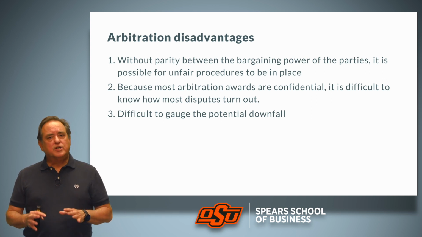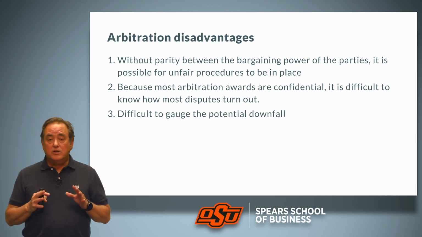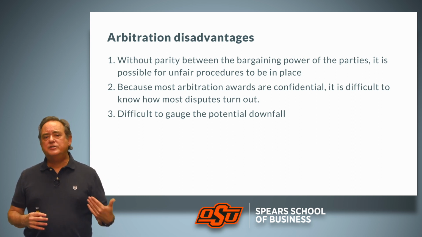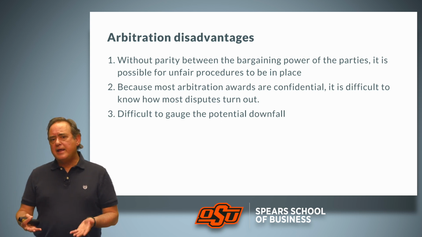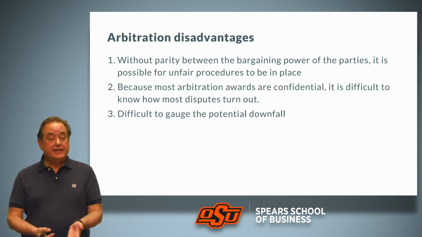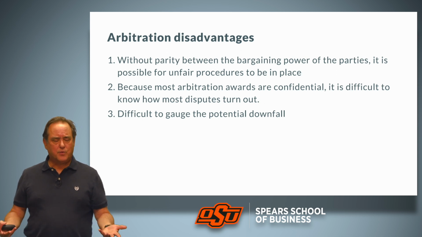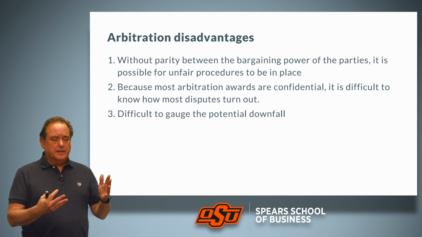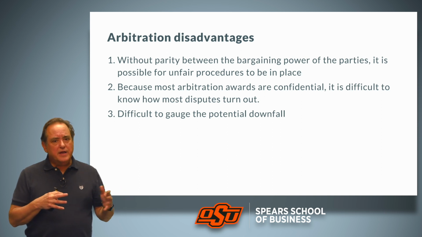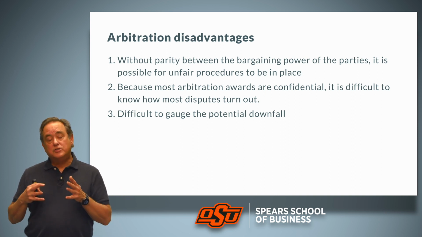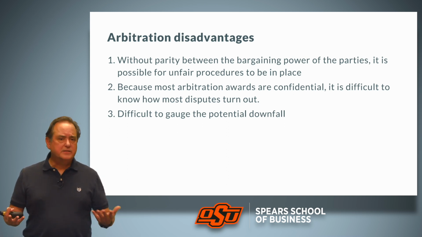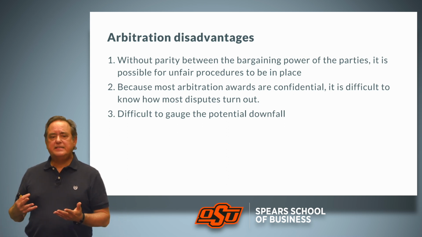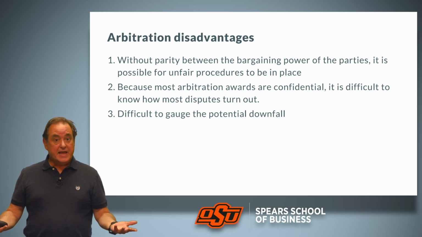Because most arbitration awards are confidential, it's also difficult to determine how your particular dispute is going to be resolved. Unlike with litigation, where it is a public matter and a public record is created, it can be difficult to evaluate a case because you don't know how similar cases are resolved. One of the beauties of the common law is this idea that cases are determined in a public setting.